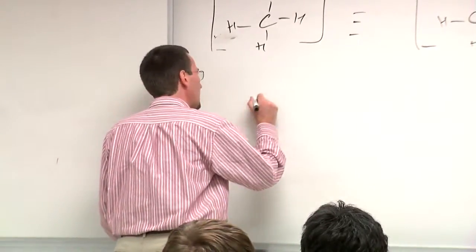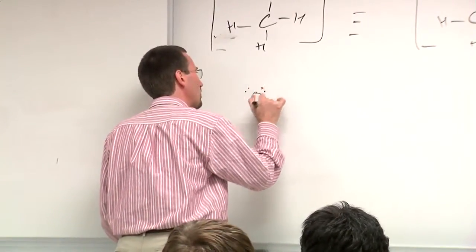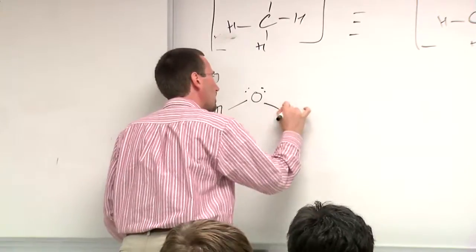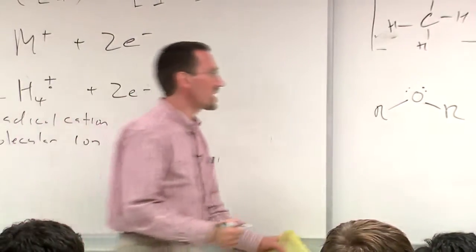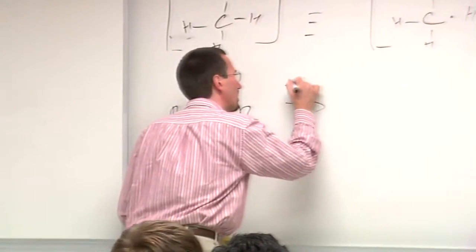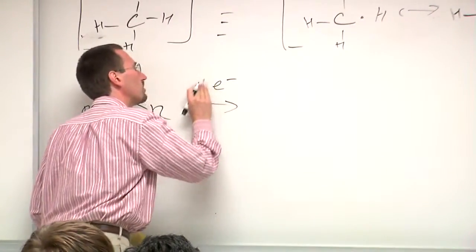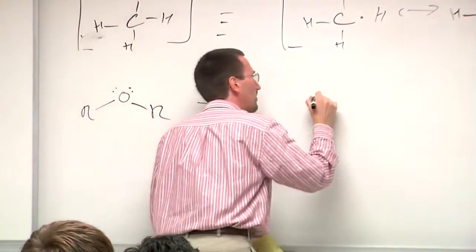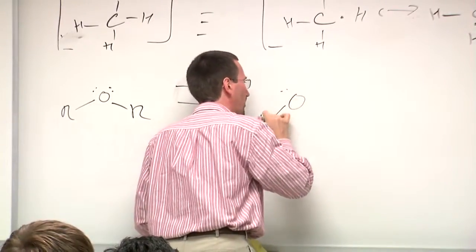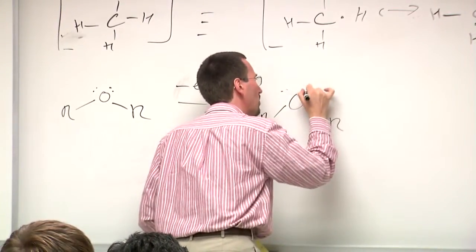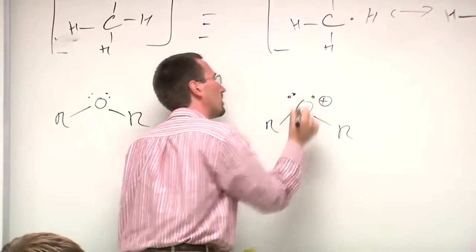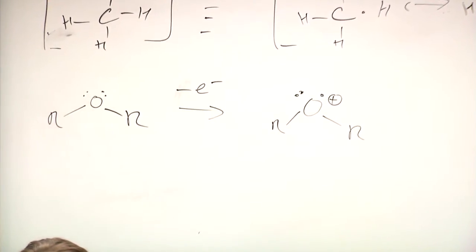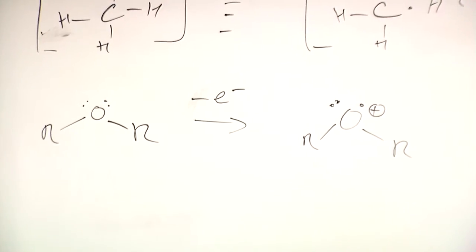So in the case, for example, of anything with a lone pair, such as an ether, if you go ahead and you take away an electron, whoops, that's minus e minus. If you take away an electron from this, you can say, OK, it doesn't look very good, but there's my molecular ion. There's my radical cation.